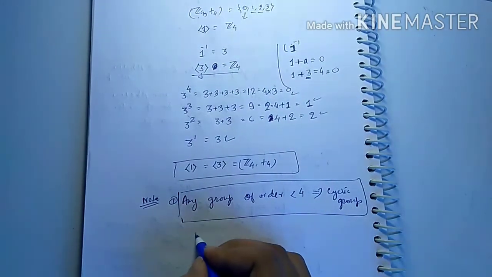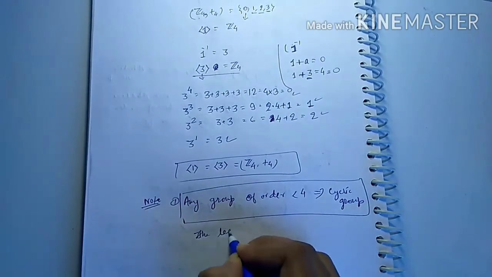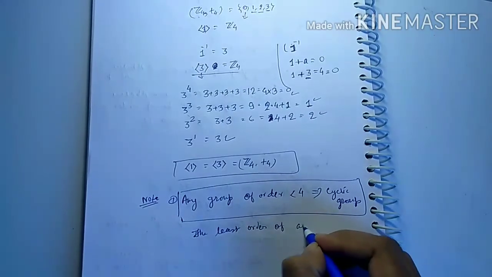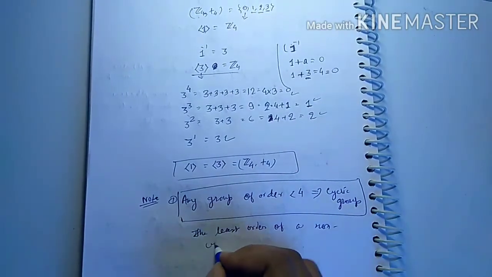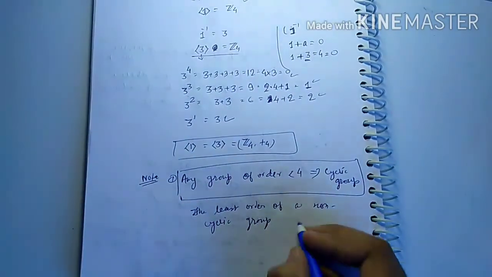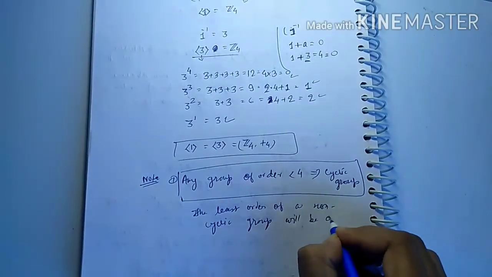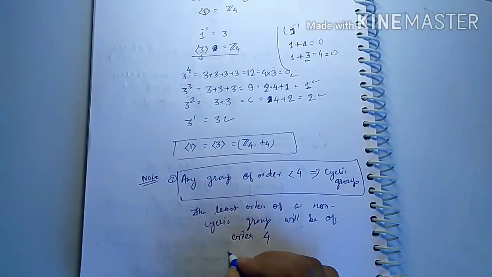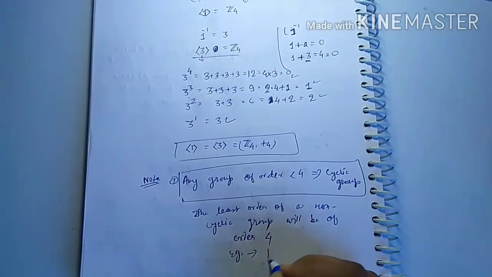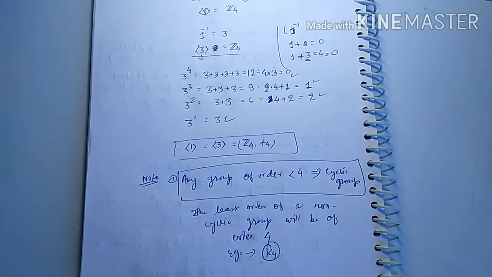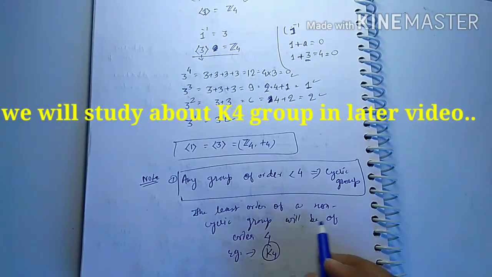So the least order of a non-cyclic group will be order 4, and for it an example is K4, that is the Klein group of order 4. So this is the example of the least order non-cyclic group.